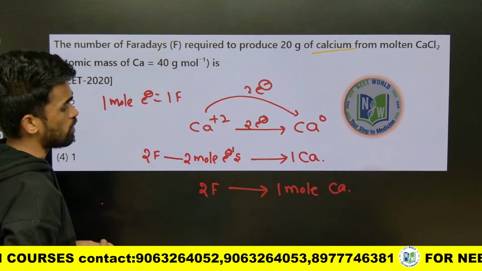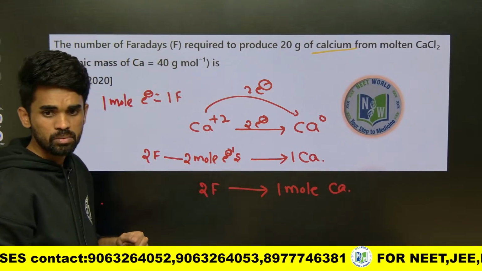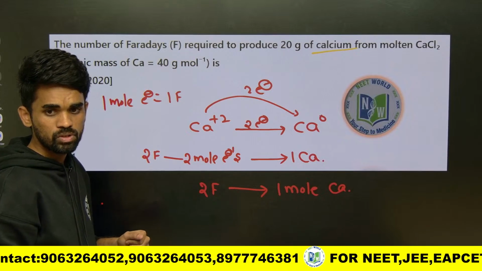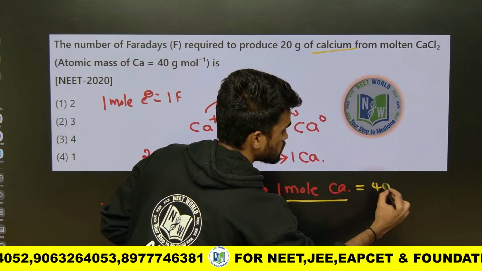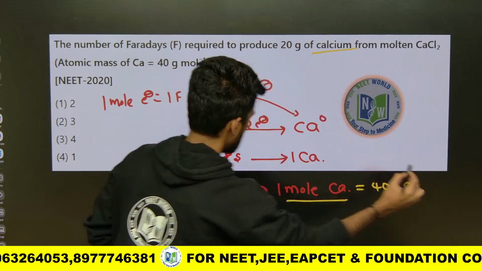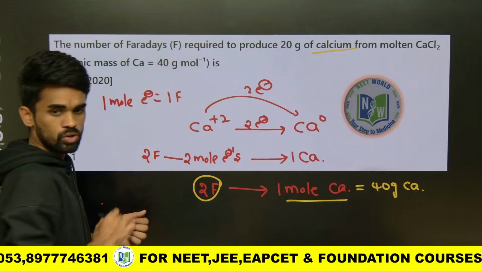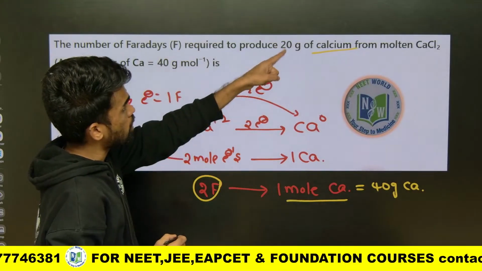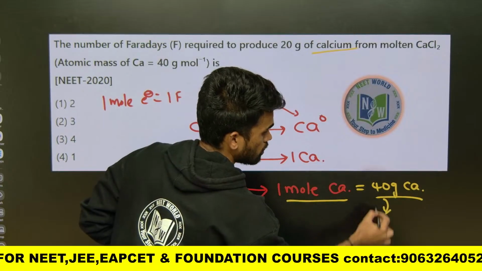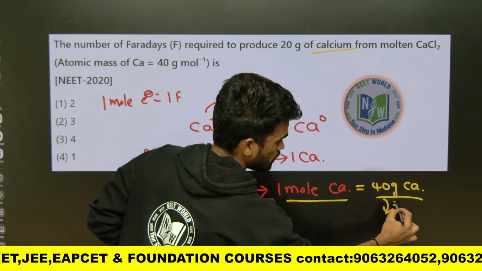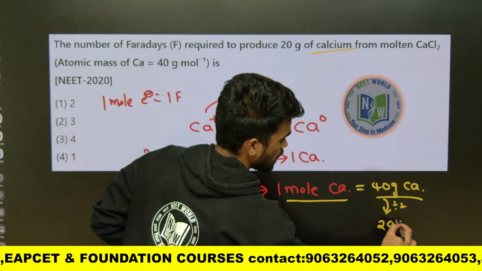Now 1 mole of calcium weight is how much? What is the molar mass of calcium? 40. So 40 grams of calcium is deposited when we pass 2 Faradays. How much quantity do they require? 20 grams. So how can we make this? Just divide by 2, so that you will get 20 grams of calcium.